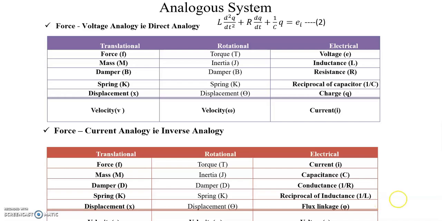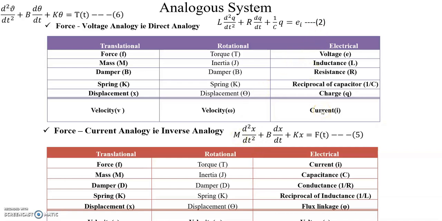For equation 2: L d²q/dt² plus R dq/dt plus 1/C q is equal to ei. Similarly, you can compare these three equations: 2, 5 and 6. Now look at the table. For force F, this is the translation system, this is the rotation, and this is the electrical. This is the force voltage analog.